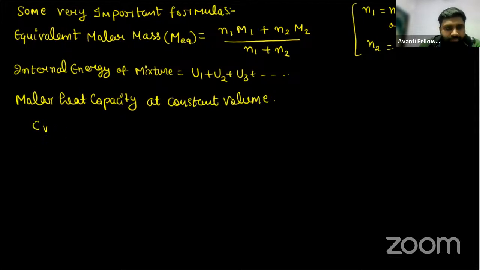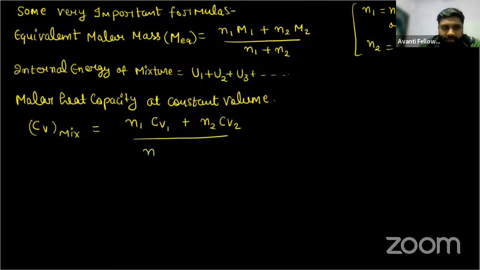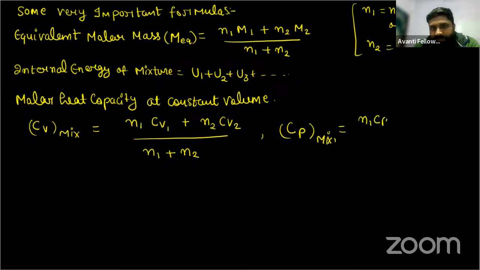CV of a mixture of two gases is (N1 CV1 + N2 CV2) divided by (N1 + N2). In a similar way, you can write CP of mixture, the molar heat capacity at constant pressure: (N1 CP1 + N2 CP2) divided by (N1 + N2).